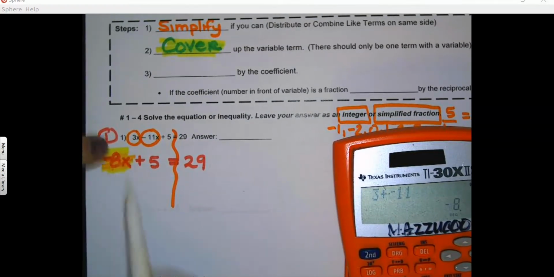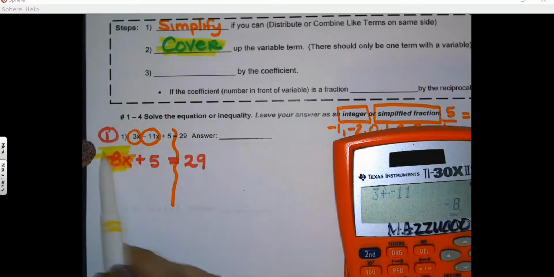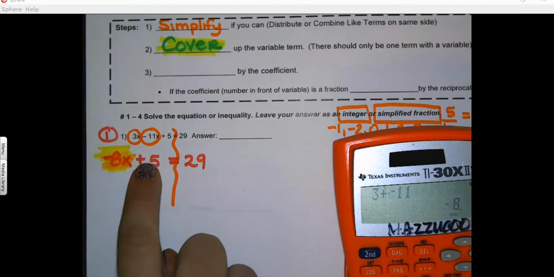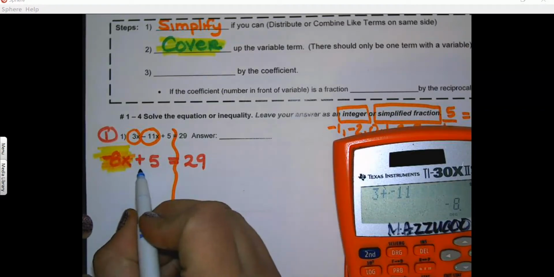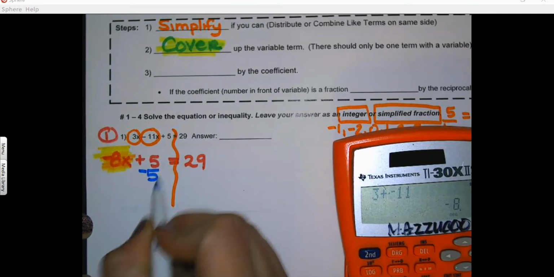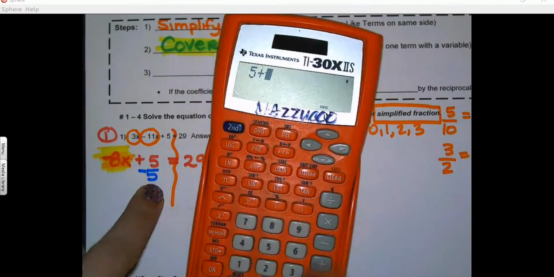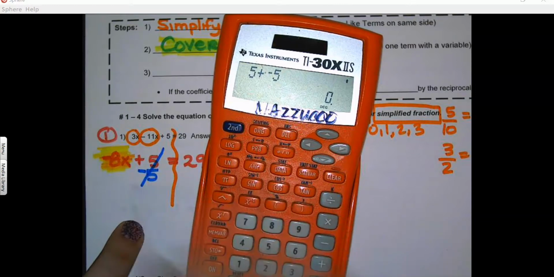And I want to get this all by itself. I don't want to touch this here. So if I want this all by itself, I have to get rid of a +5. So if I have a +5 and then I add on this side a -5, +5 plus a -5 makes 0. So that's why I'm crossing this out, because it makes 0.